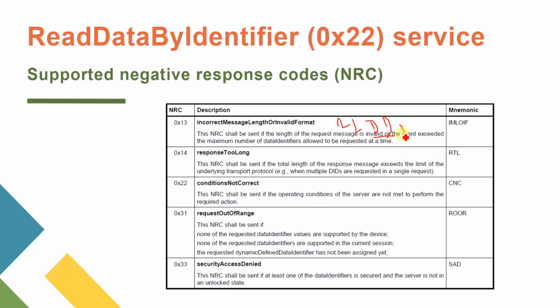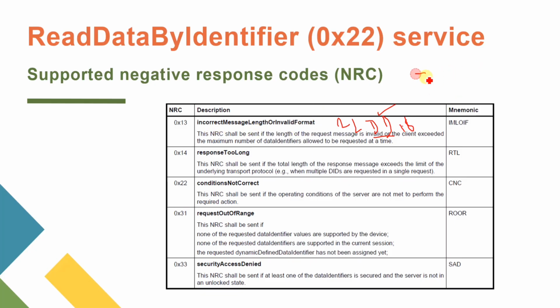If I send any data record in the request message after the DID, like 18, this is incorrect, so at that time it will throw an NRC to us. Hey, this is incorrect message length or invalid format.